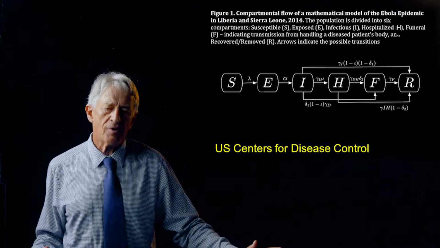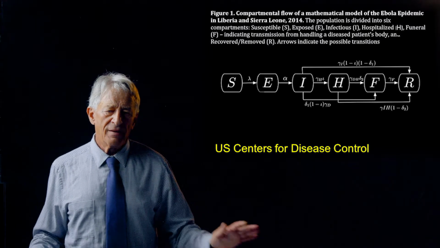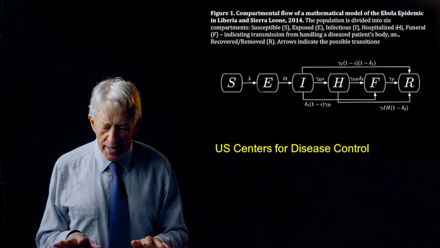So you see that they're using the same kind of modeling, and then they do a very simple experiment. They're trying many, many different combinations. What if we can get anti-Ebola vaccine into 20% of the population, 30% of the population, 50% of the population, 80% of the population, 99% of the population?